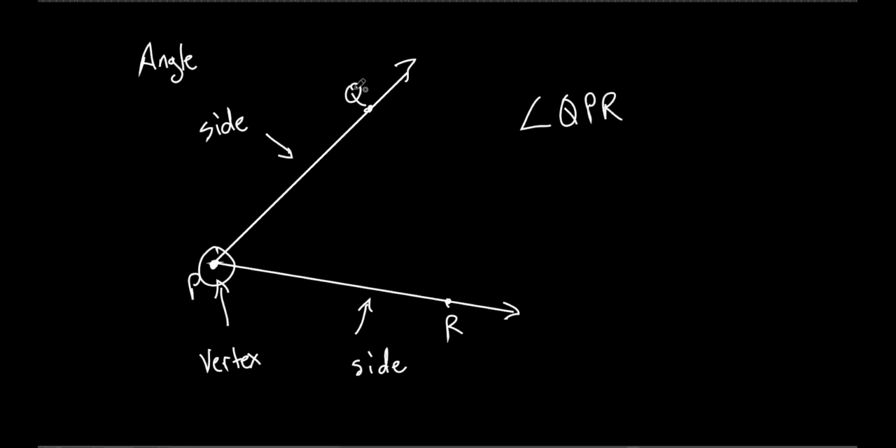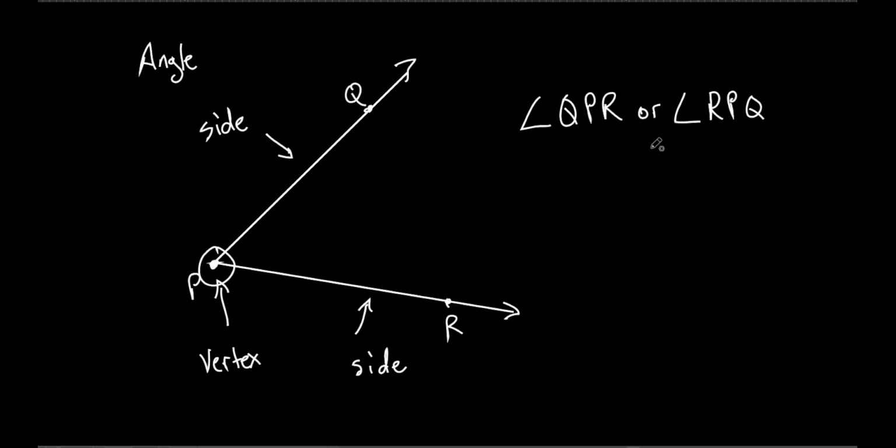Could I call this angle QRP? Why not? That's right, because that would mean R would be in the middle. R can't be in the middle because it's not the vertex. The vertex has to be in the middle. So what are the ways I could name this? We could call it QPR, or RPQ as well.